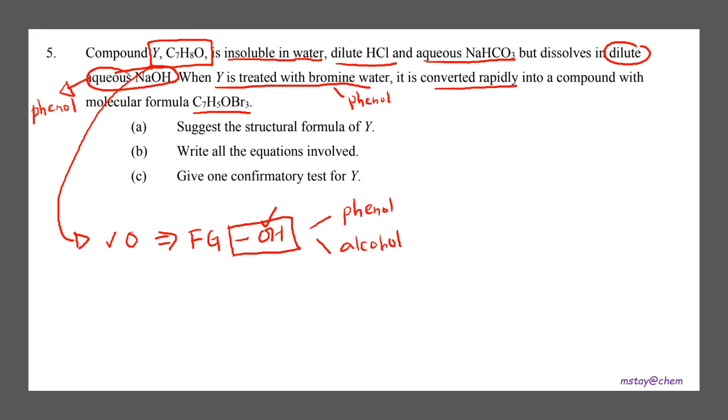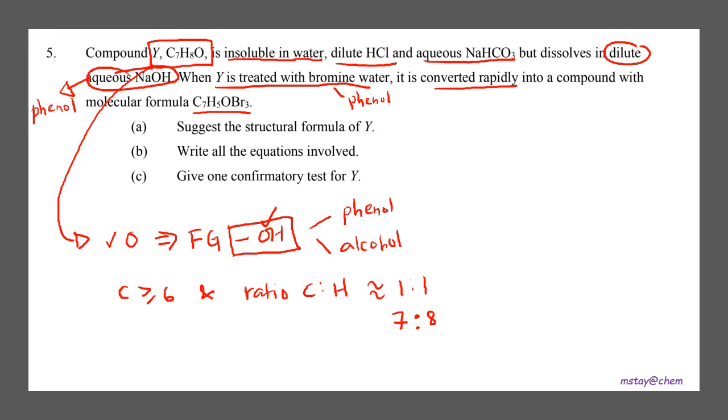Another thing that can support us is when you notice that the number of carbon is equal to or more than 6, and at the same time the ratio of carbon to hydrogen is almost 1 to 1. For example, carbon 7, hydrogen 8.